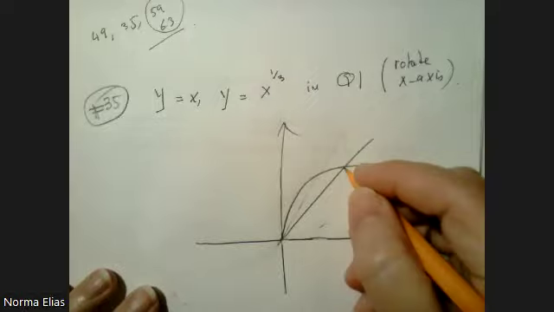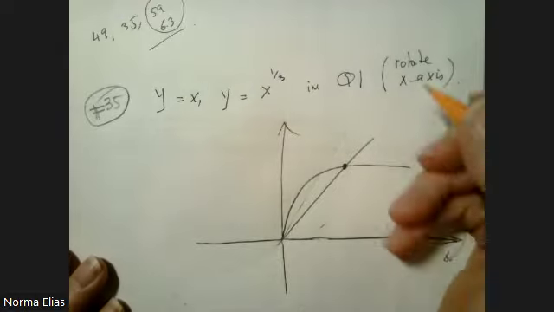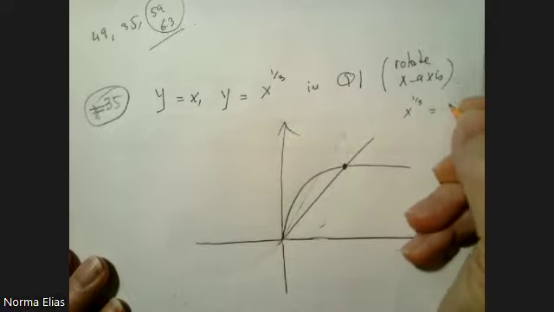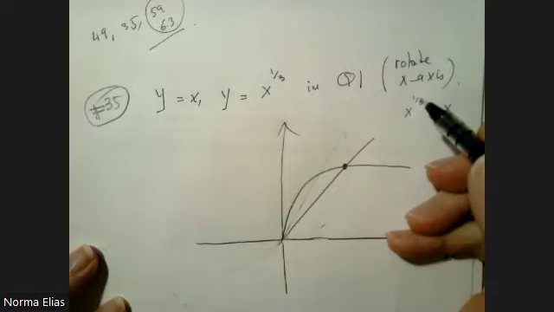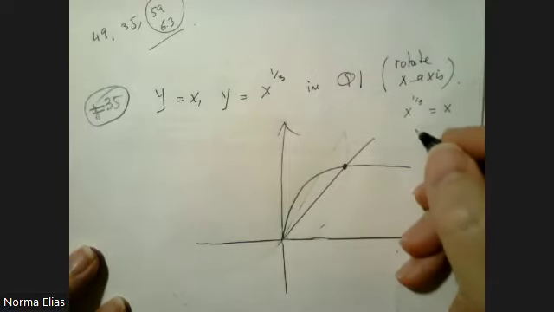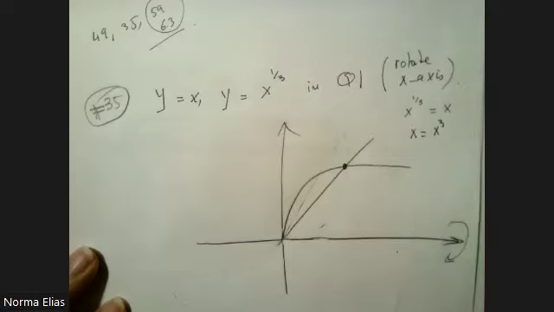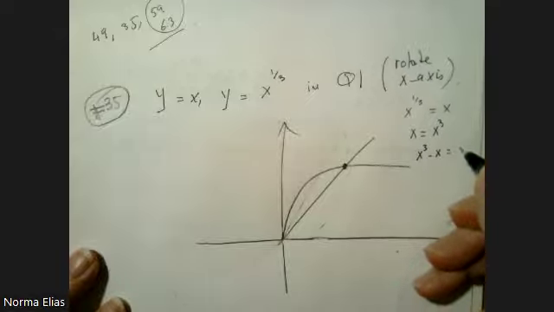And the intersection point, now obviously they intersect at 1. Let us say we didn't see it, which I hope all of us see. We set those equal to each other. And then because I have a cubic root, I have to raise both to the power 3 to be able to solve. And then we have to set it equal to 0 to solve.